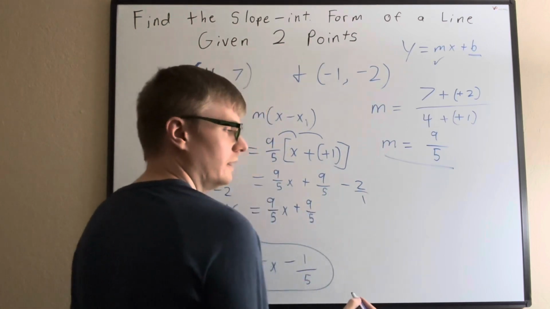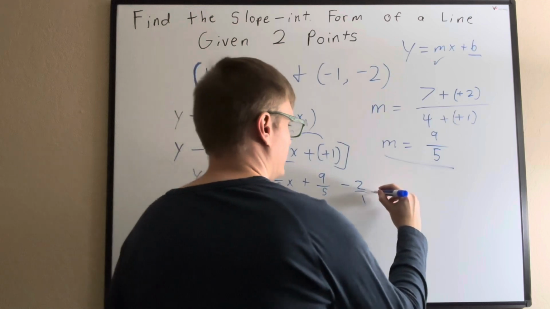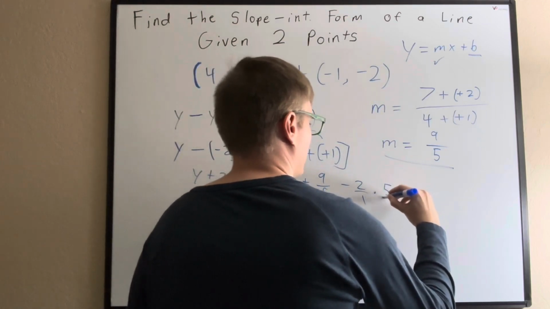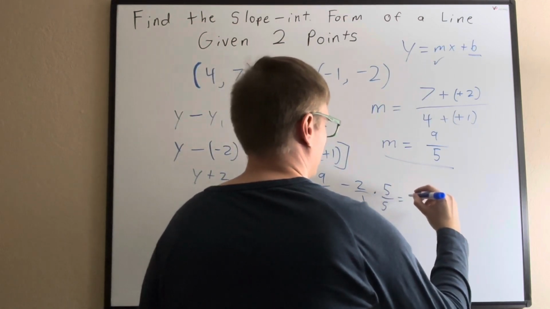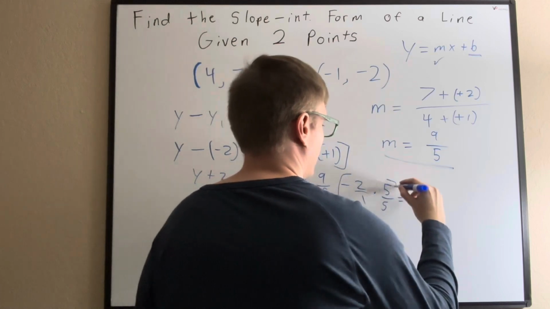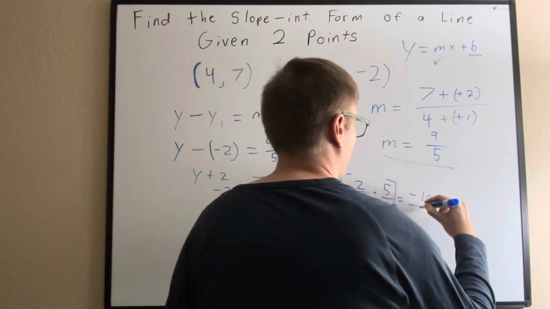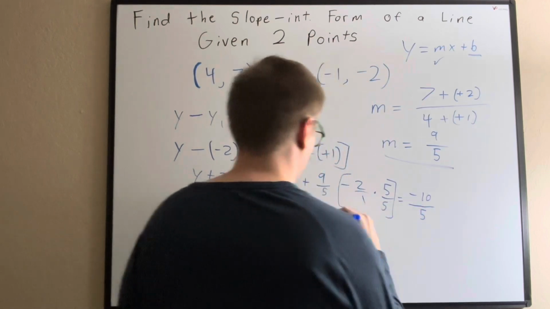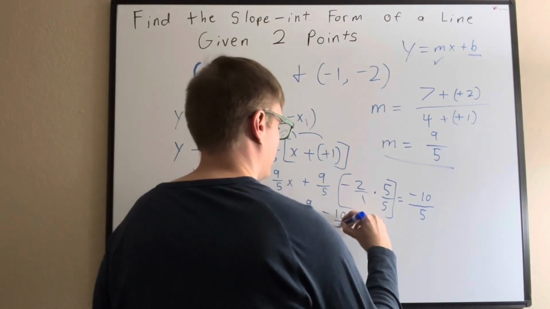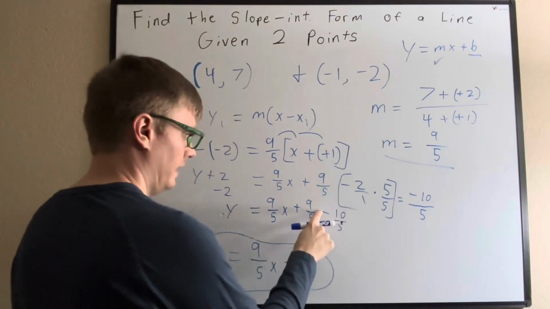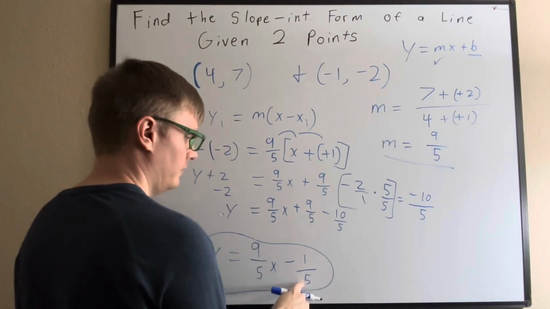Okay, 2 over 1 in fifths denominations is negative 2 times 5 is negative 10 over 5. Minus 10/5 is, guess what? 9 minus 10 is negative 1/5.